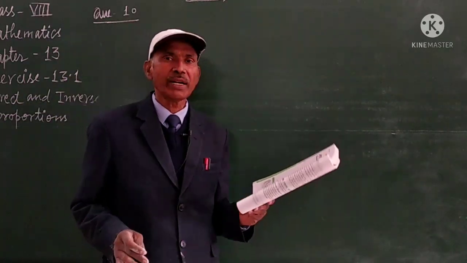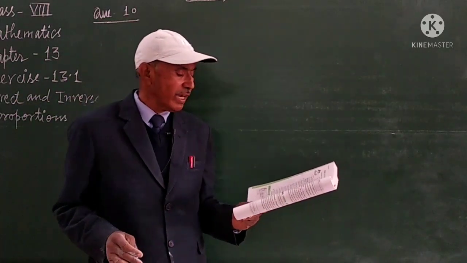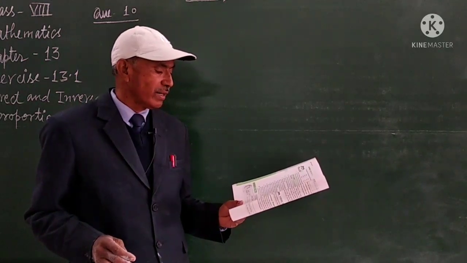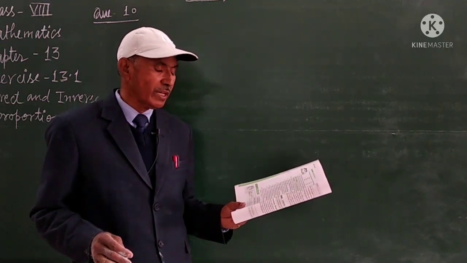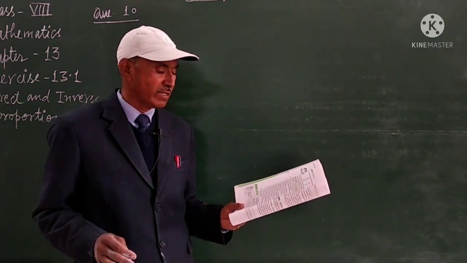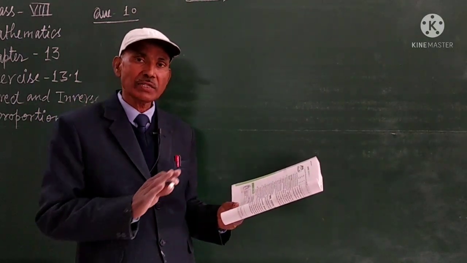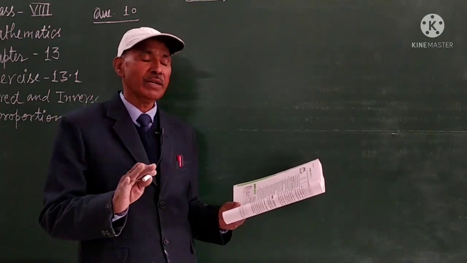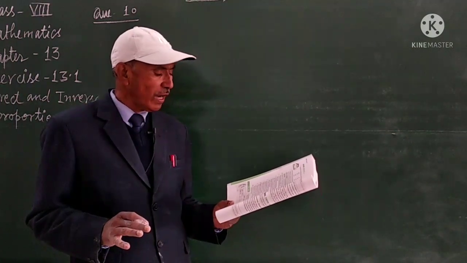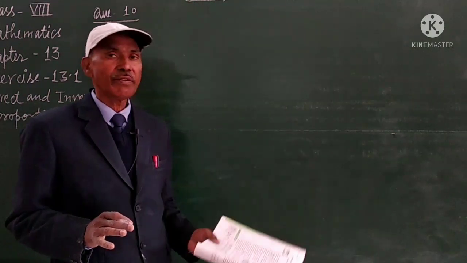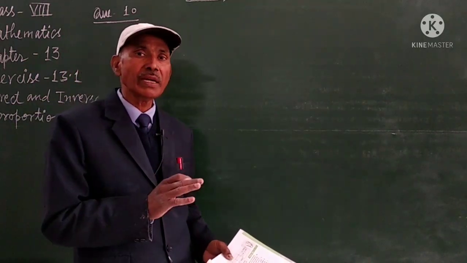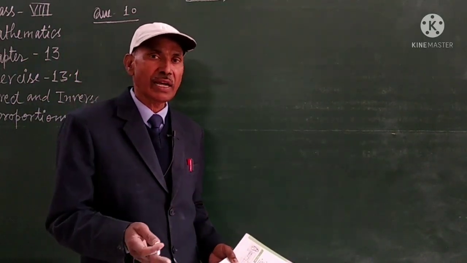In question number 10, it is given that a loaded truck travels 14 km in 25 minutes. If speed remains the same, how far can it travel in 5 hours? So in 5 hours, how much will this truck travel?